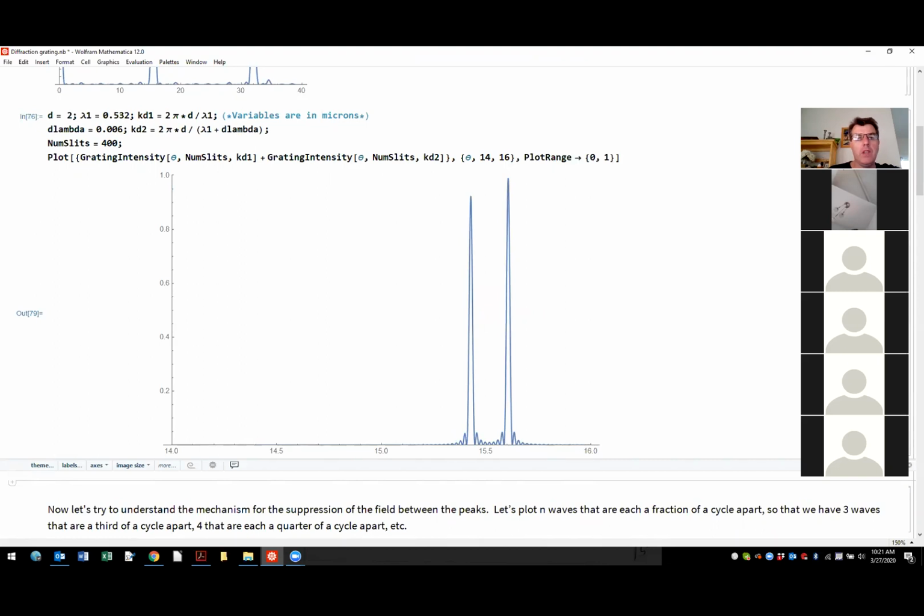All right, so here we've got 2 light sources. One of them at 532 nanometers, or 0.532 microns, and the other one at 538 nanometers. And these peaks are narrow enough that I can say that whatever I'm getting here is just due to 532 nanometers.